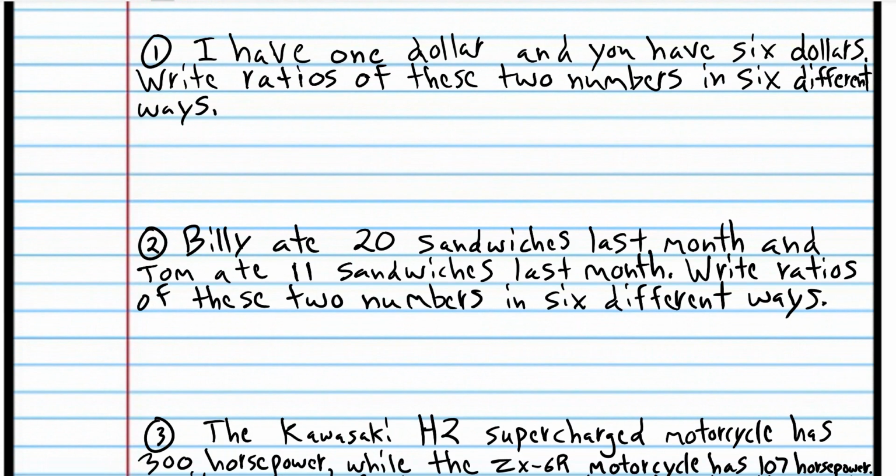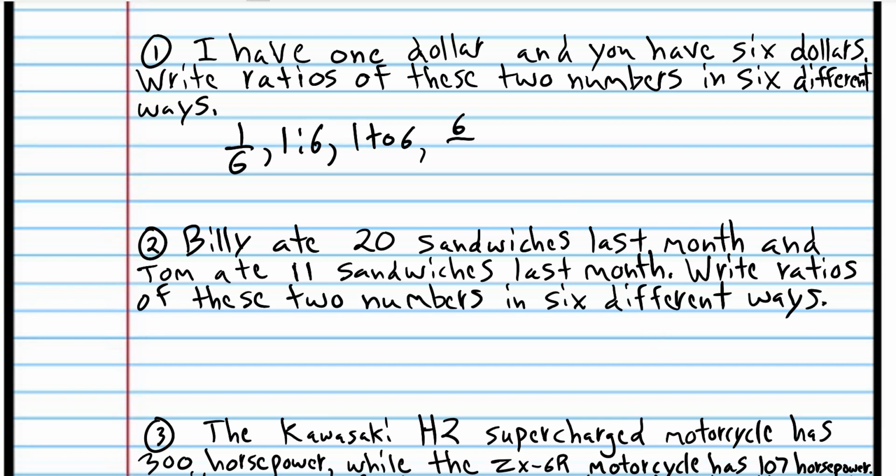Number 1, I have $1 and you have $6. Write ratios of these two numbers in 6 different ways. So we can write as a fraction, with a colon in between, and with the word "to" in between. But we can also write a different ratio.